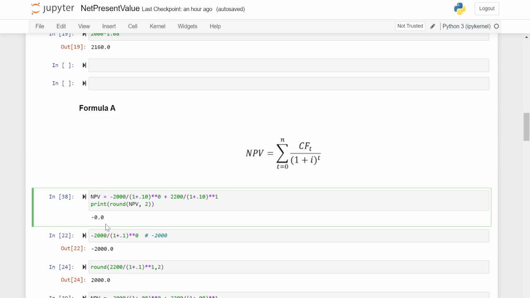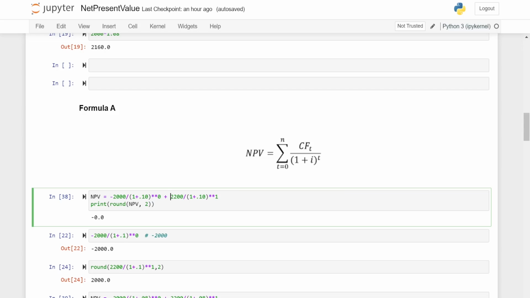What do we conclude here? We conclude that this investment of 2000 rupees where the interest rate is 10% makes this project unviable. There is no use of investing this money in a project where NPV is just 0. It should be more than 0. Then it will be viable.